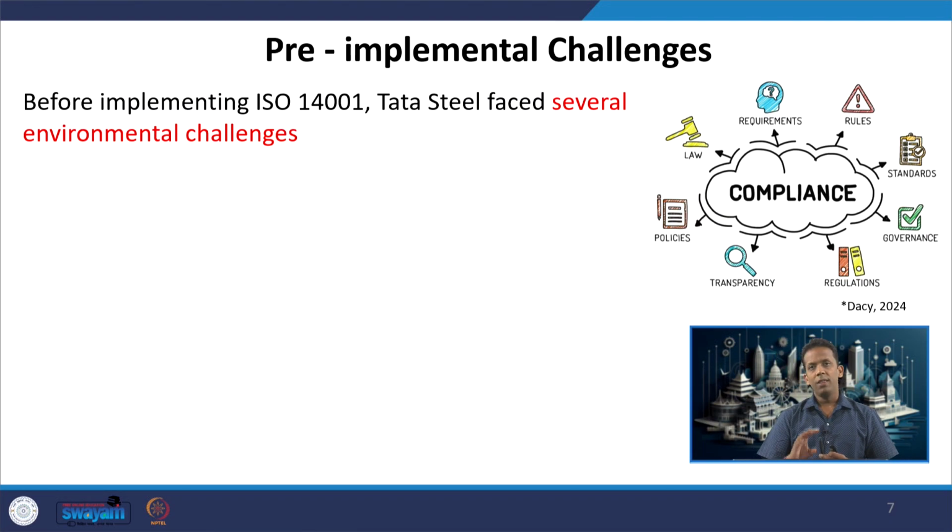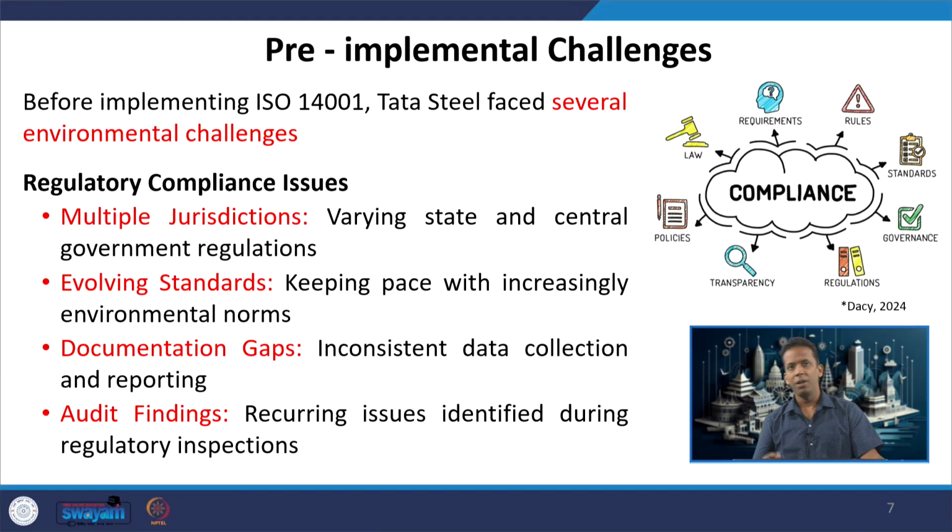So, with these environmental challenges, there were some other challenges also which Tata Steel was facing before implementing ISO 14001, and all these challenges are listed in 3 categories: compliance, environment and social, or stakeholder based. So, under compliance or regulatory issues, the challenge was because they have 12 facilities in different parts of the country.